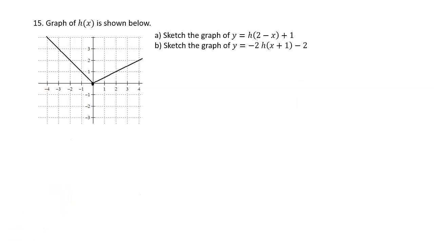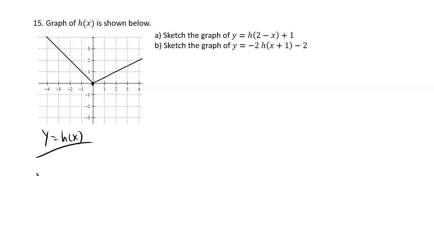The second method tries to figure out what happens to the graph as we apply a series of transformations. So you start with y equal to h of x, which is this. And here's a tip. If you see a minus in front of x, just put that as plus and then see what you have.